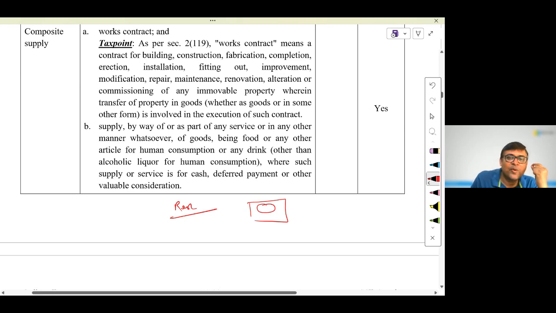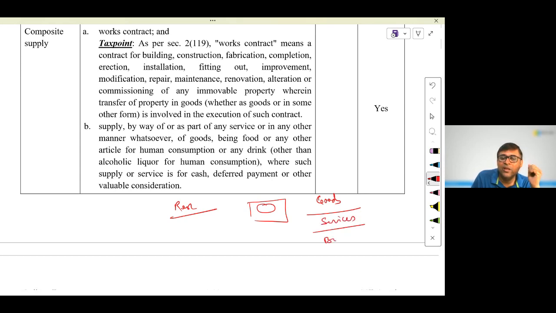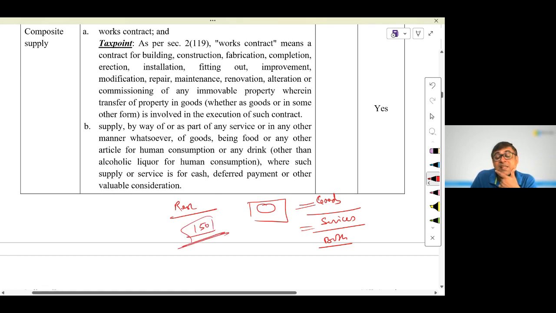The question arises whether, from the point of view of the restaurant, they are supplying goods or services or both. Since dosa is a material thing, we can say they are providing goods, but they are also providing services. Say the dosa costs rupees 150. Is it a supply of goods or a supply of services?